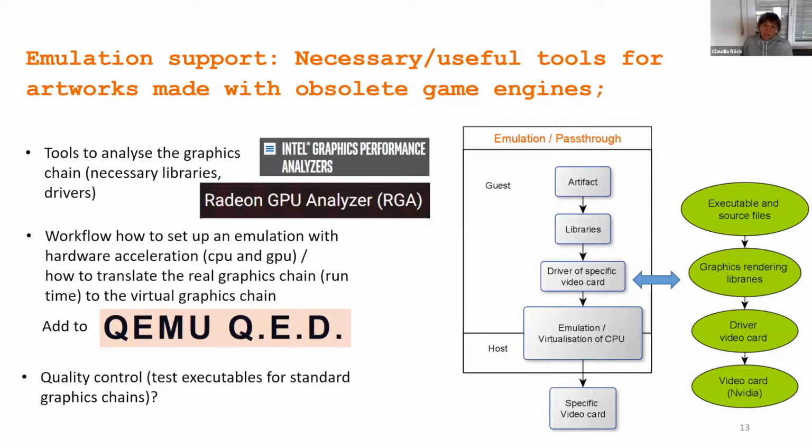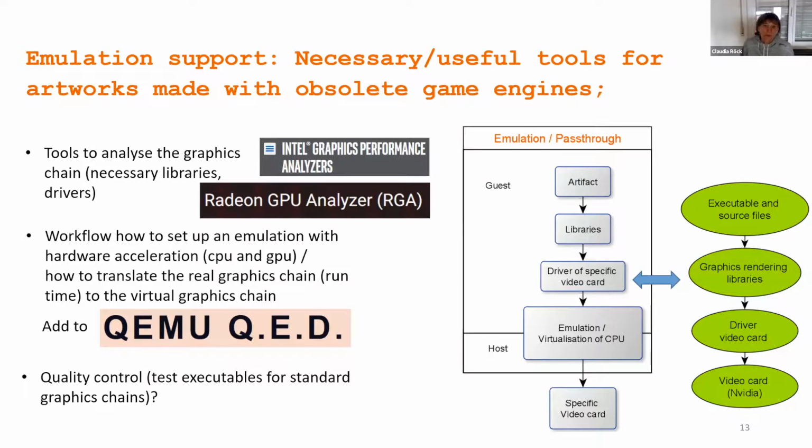So this is my last slide. I want to conclude that it would be nice to have more manuals and more examples of how to translate a hardware and graphics chain into the virtual space.